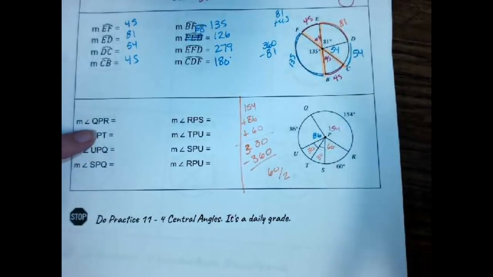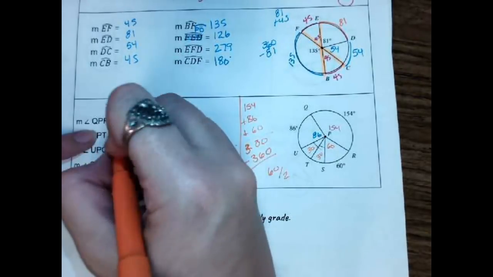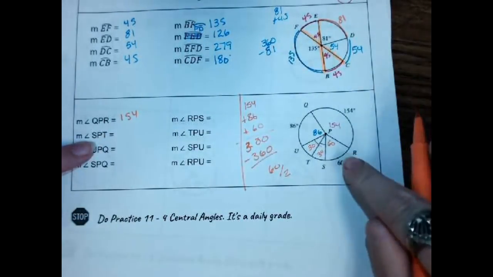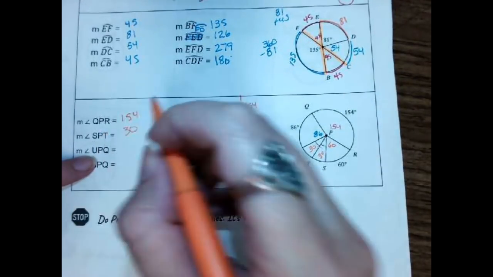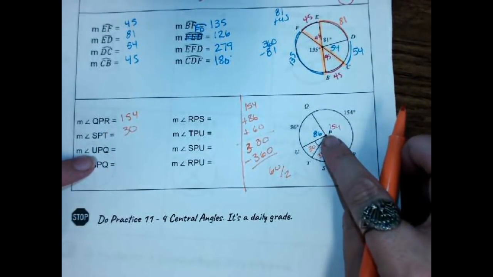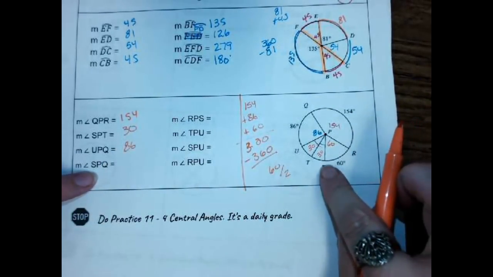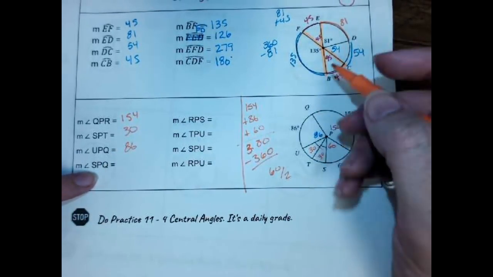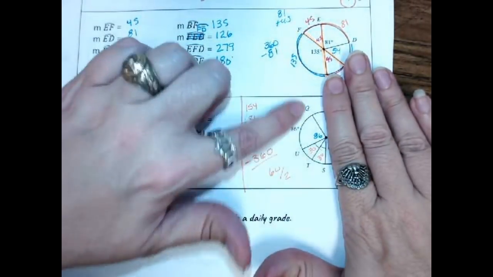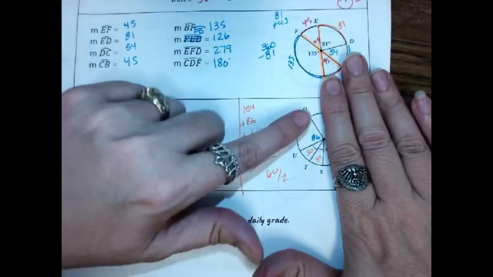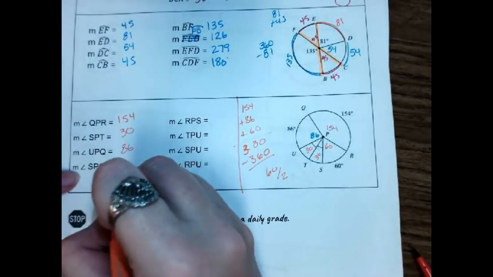Let's see, QPR, that's this one, 154. SPT, that's 30. UPQ, that's this one, 86. SPQ is all three of these together, so I have to add these up, 86 plus 30 plus 30, and I get 146.